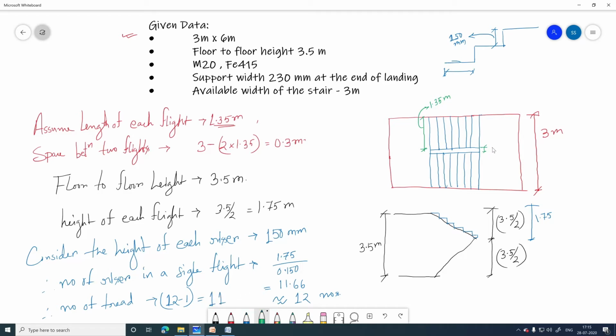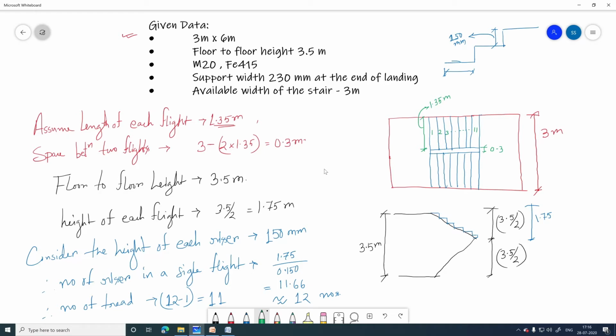So this gap is 0.3, right, and this is 1.35 and this is 3. So till now whatever data we got, we have written over here. Now one thing is that the number of risers over here is 12, and the number of treads will be 11. That means we will start the value from 1, 2, 3 and here it is up to 11. That means we have 11 numbers of treads in a single flight.